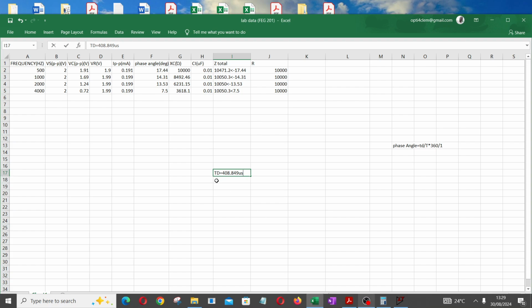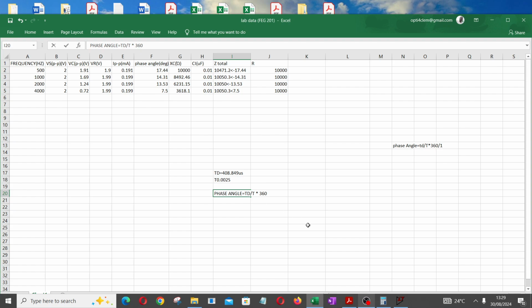Then the period, capital T, is equal to 0.002 seconds. The formula for the phase angle theta is TD divided by T, then multiplied by 360 degrees.